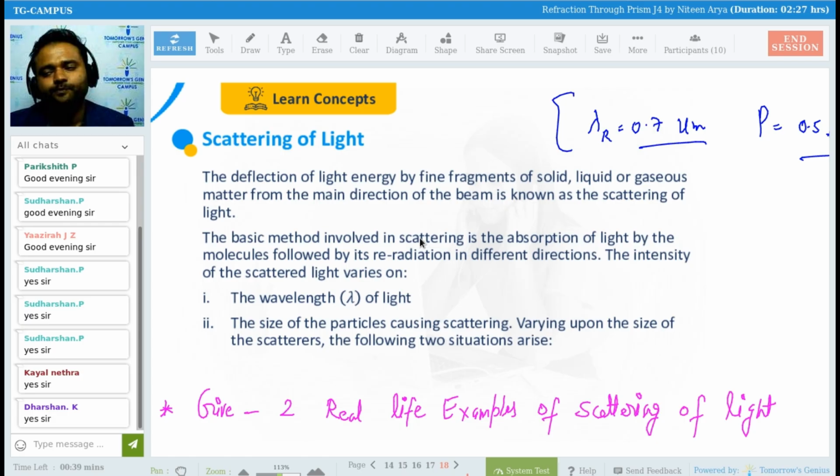So whenever light passes through small holes from the branches of large trees in a jungle, or from the stems, you can see one or two or so many beams.